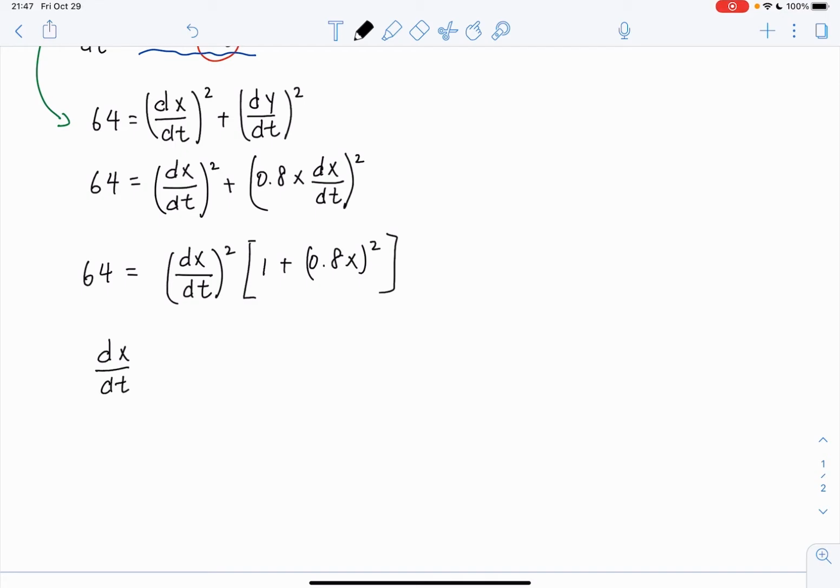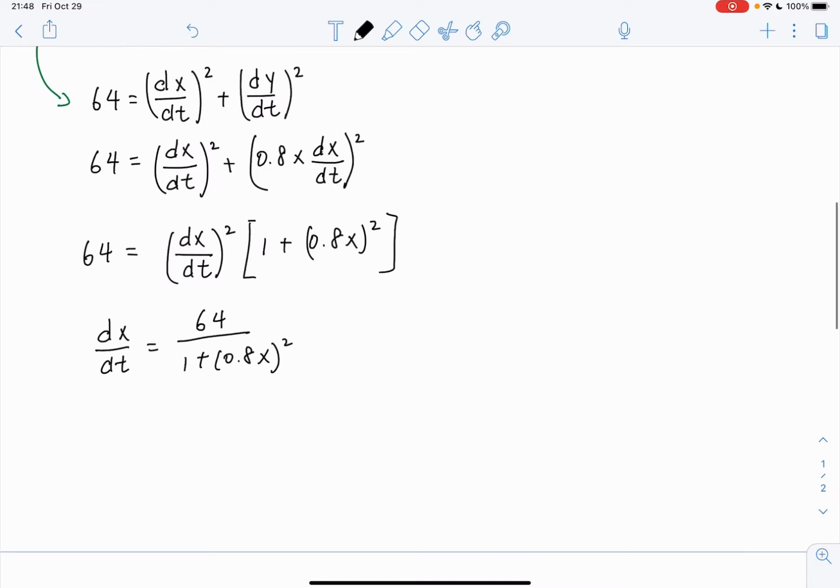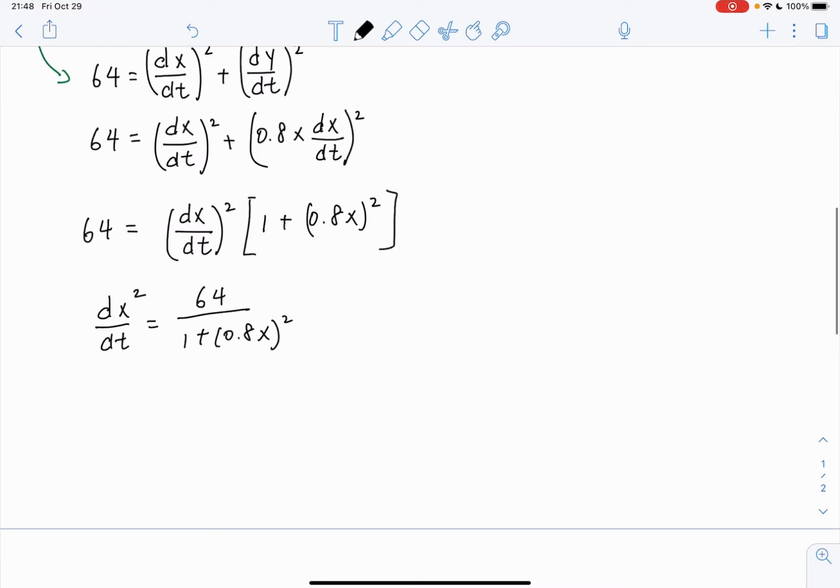So dx over dt would be equal to 64 over 1 plus (0.8x) squared. So we have dx over dt equal to the square root of 64 over 1 plus (0.8x) squared.